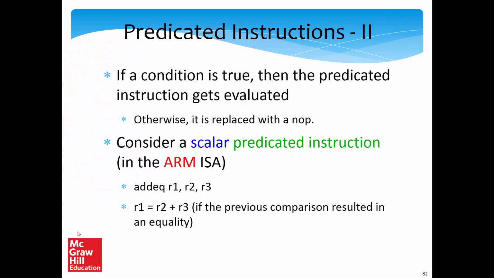What we have seen on the previous slide is that we compare each element of VR1 with 10, and then we produce a vector form of the flags register which has the results of the comparison. So we'll have 4 results. But now that we have these results, what do we do?